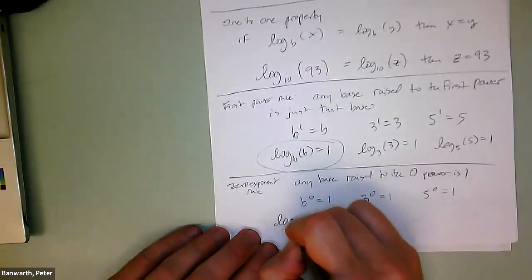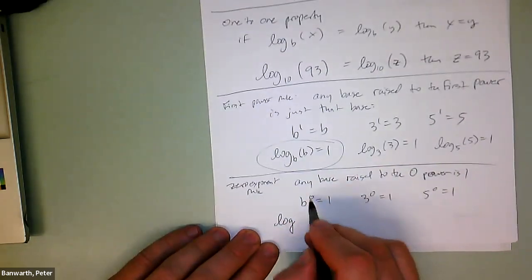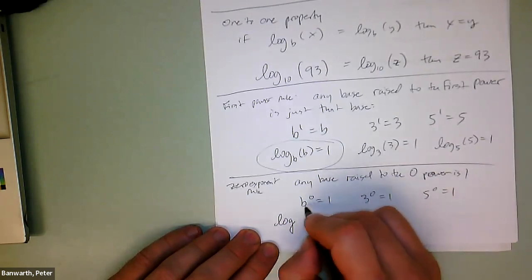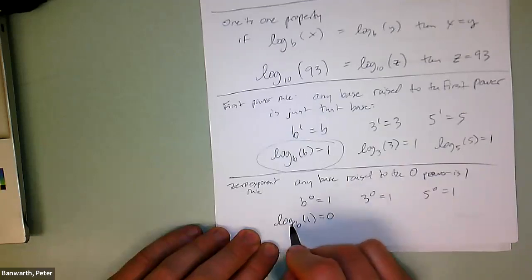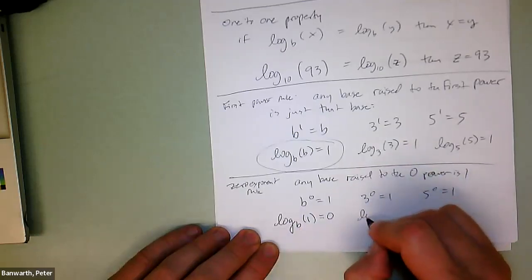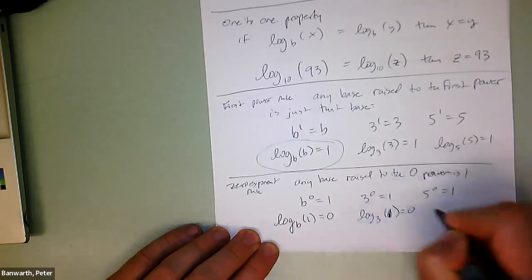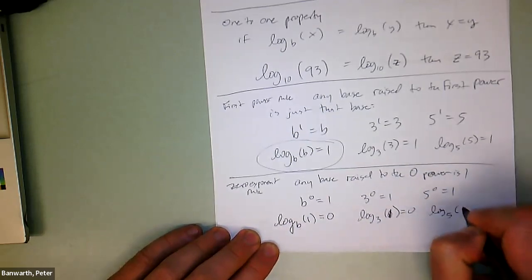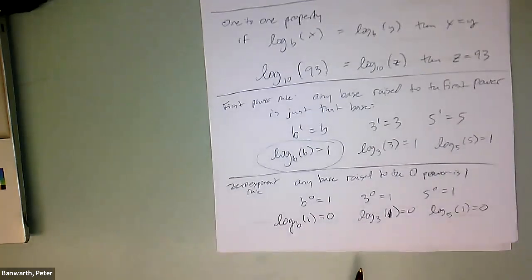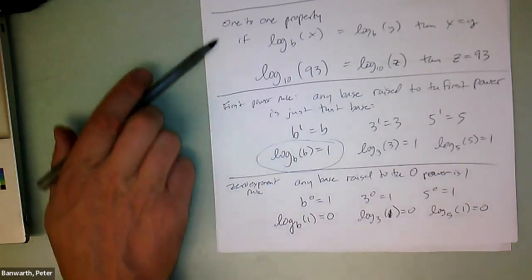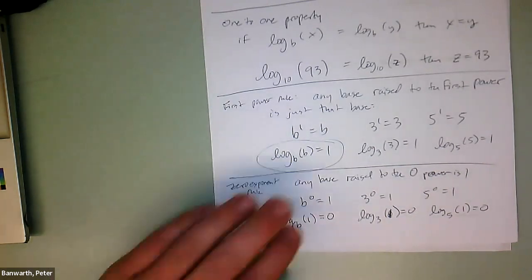So we write it as a log, and we say 0 is the power that goes on B to get 1. Log base 3 of 1 equals 0. Log base 5 of 1 equals 0. Those are our 6 rules, the 3 on the other page, and these 3 right here. Moving on.